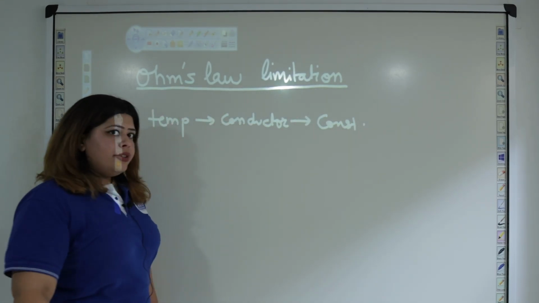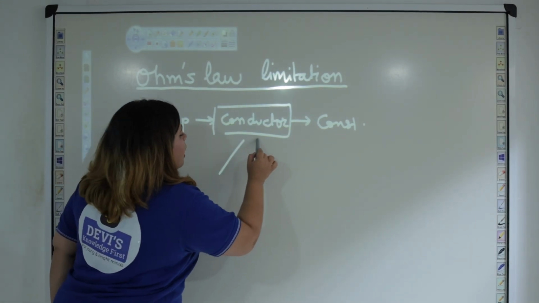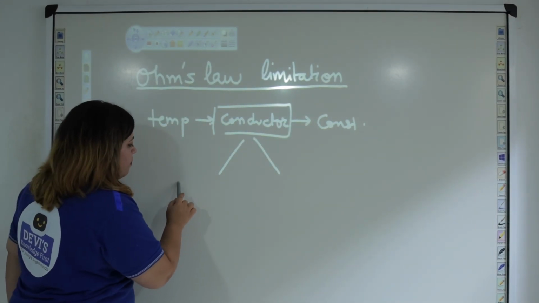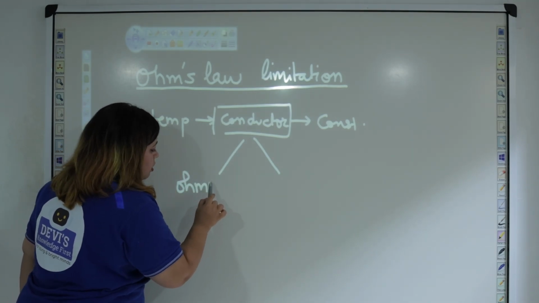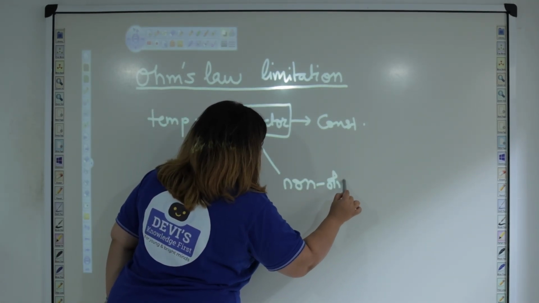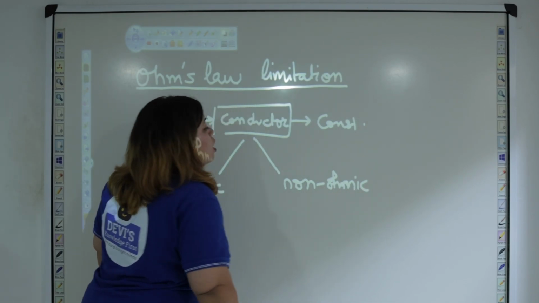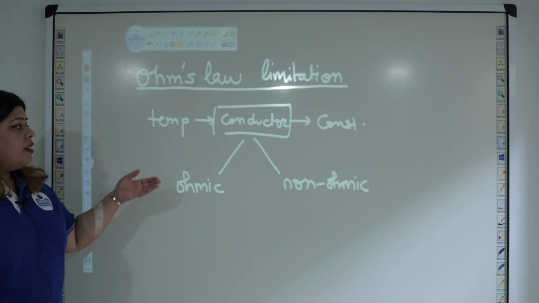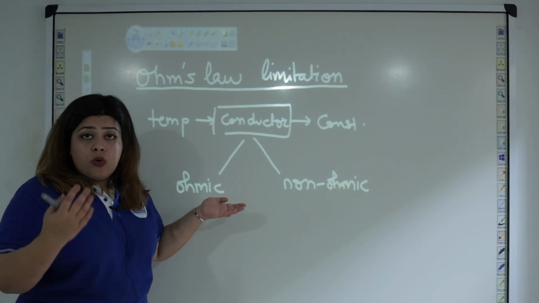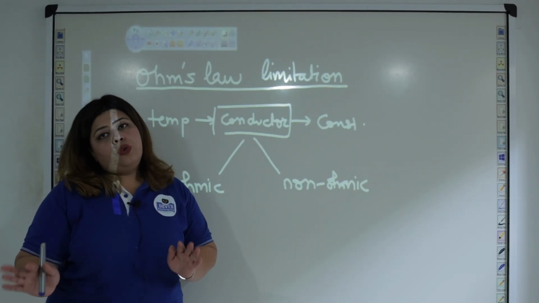According to this, there should be 2 types of conductors: ohmic conductors and non-ohmic conductors. Ohmic conductors are the conductors that obey Ohm's law, and non-ohmic conductors are the conductors that do not obey Ohm's law.